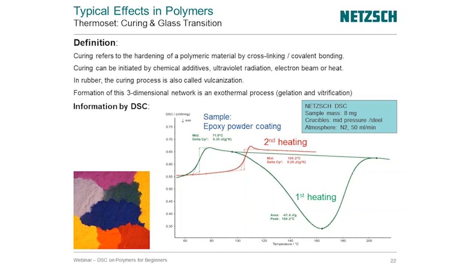But in this case, what you see is a fully cured material. So post-curing is definitely important to look at in the area of thermosets, if you're trying to make sure a material is fully cured in the first go-round.